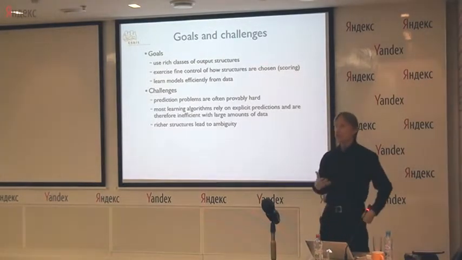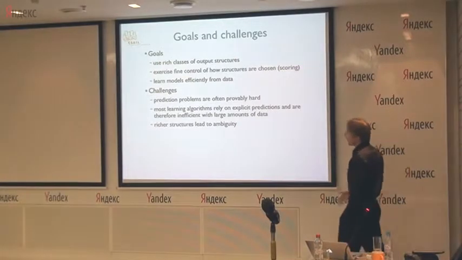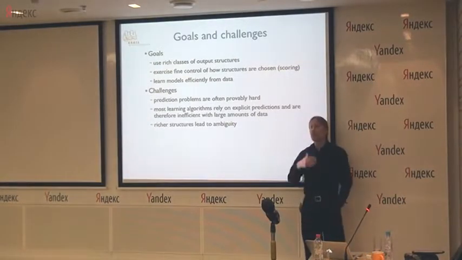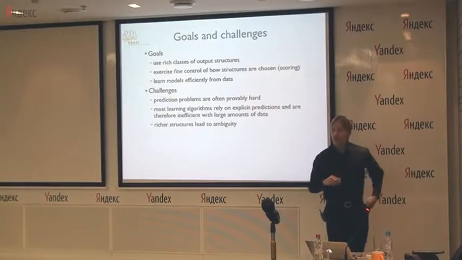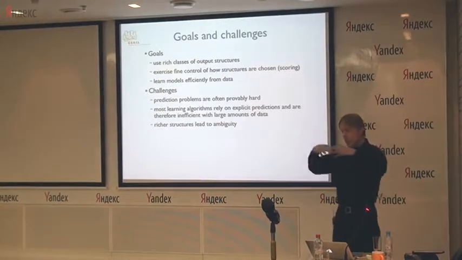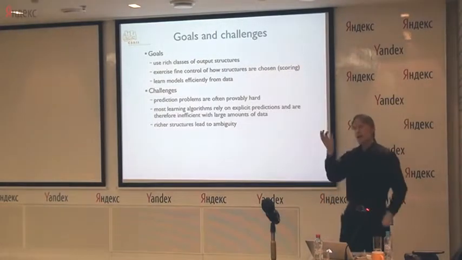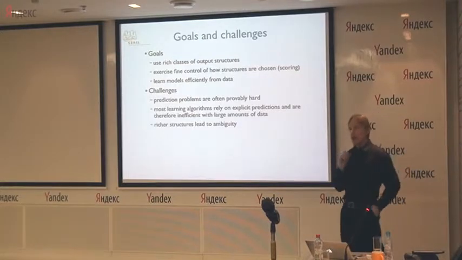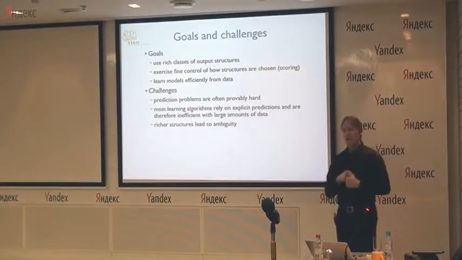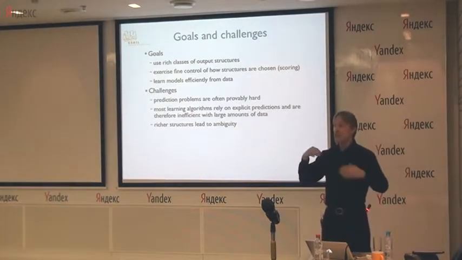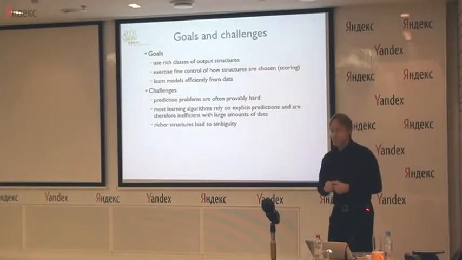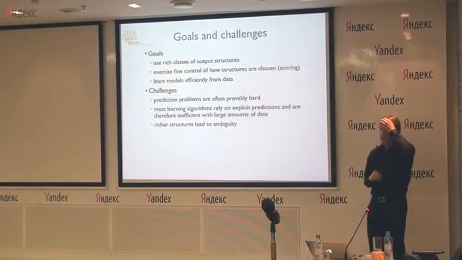Richer structures also bring a challenge, which is dealing with ambiguity. As you're considering richer structures, parse trees and other things, little changes in the structures may not have any changes in the scores that you're obtaining for those structures.